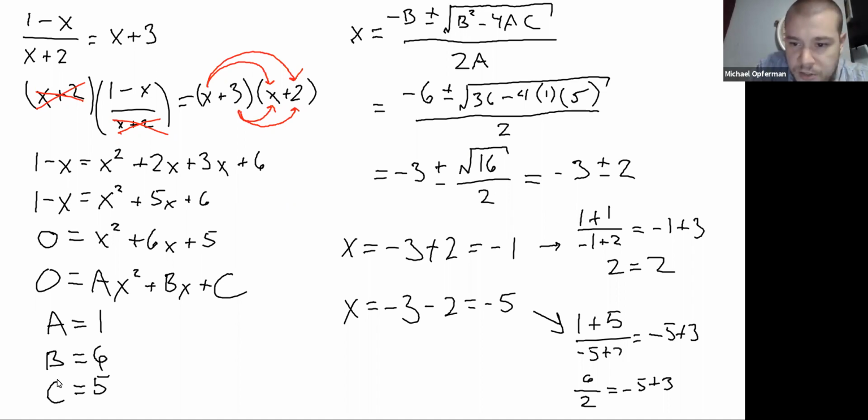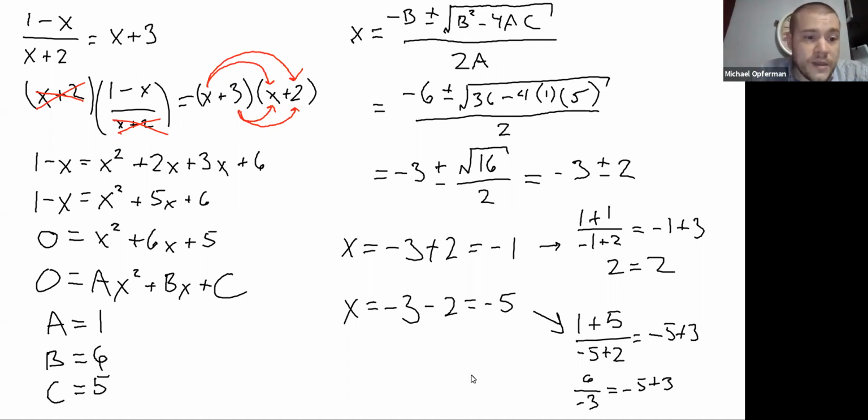Negative 5 plus 2 is negative 3. And so that gives me negative 2 on the left and negative 2 on the right. Yes. So those both work out in the end. So they're both true. So those are the two solutions.